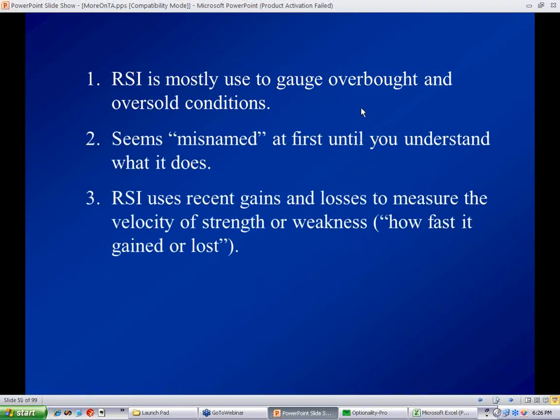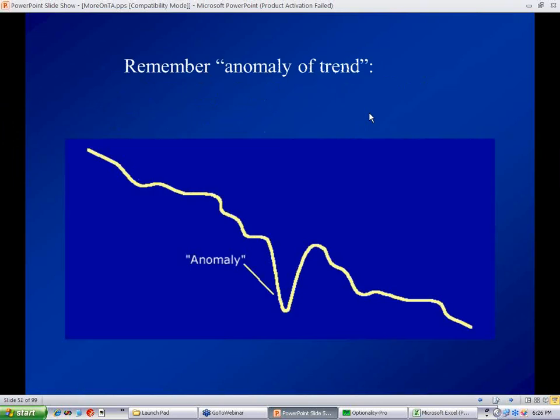RSI uses recent gains and losses to measure the velocity of strength or weakness. In other words, how fast it has gained or lost. And the reason that works is, you remember our old friend anomaly of trend? Well, RSI actually measures the anomaly of trend. Because in this particular case, this anomaly of trend happened real fast when it goes flying down.